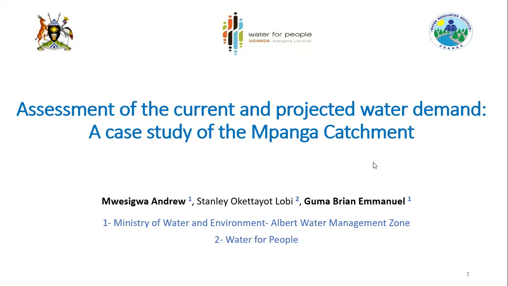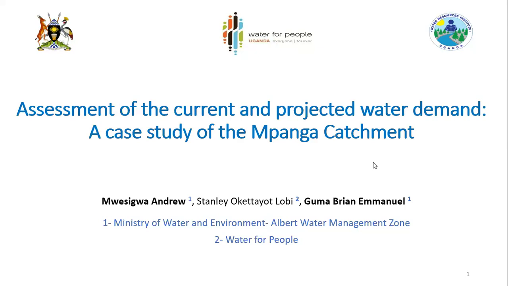Around 2013, 14, 15, they would shut down the hydroelectric power plant during the dry season because there was no water flowing within the river system. This is an 18 megawatt power plant. But ever since we started implementing the catchment management measures, they are able to generate power in the dry season. So at least there has been some positive impact of what the ministry has done within the Mpanga catchment.